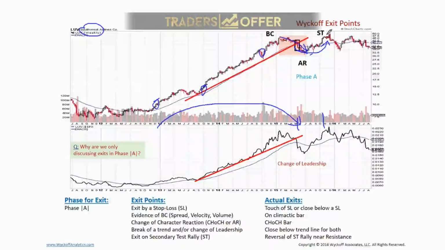But I want you to kind of caution that maybe the best exit is still going to be somewhat close to the original break of the trend.